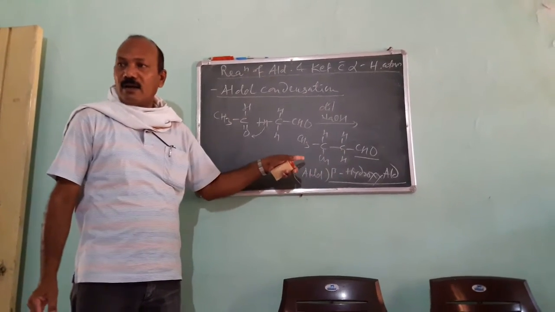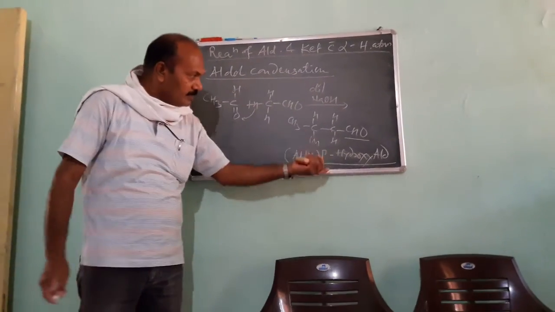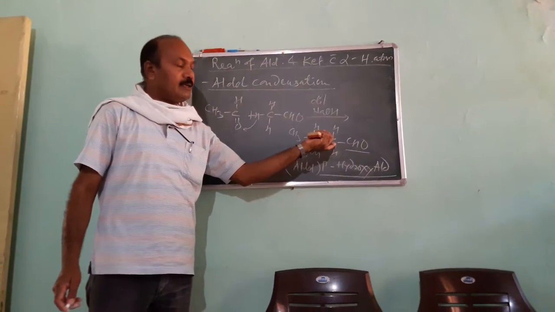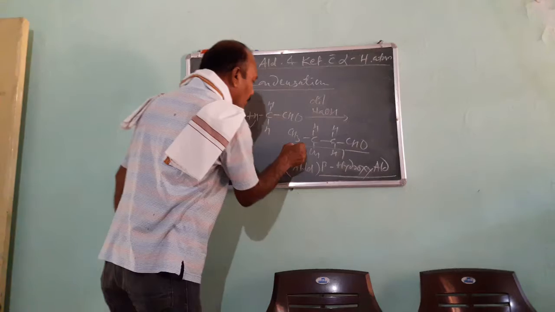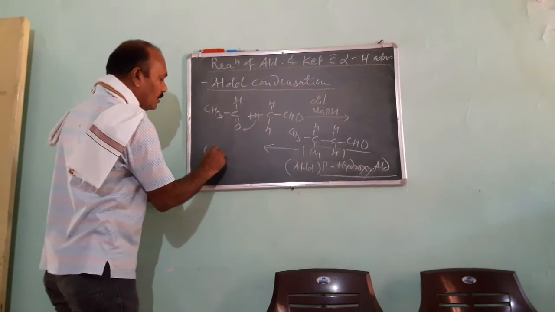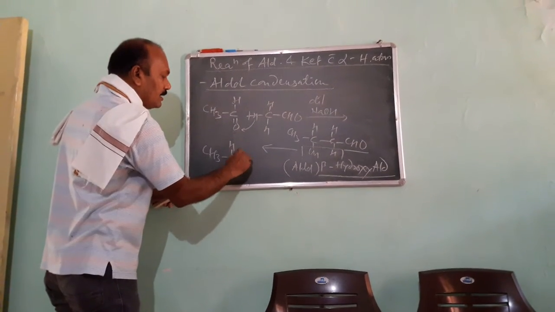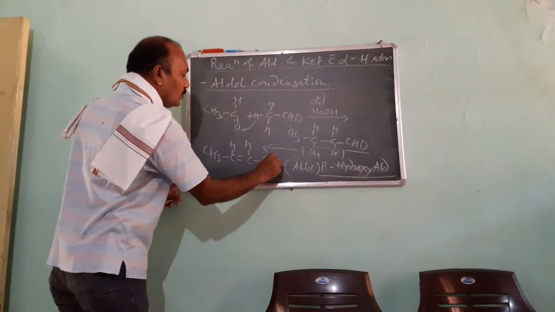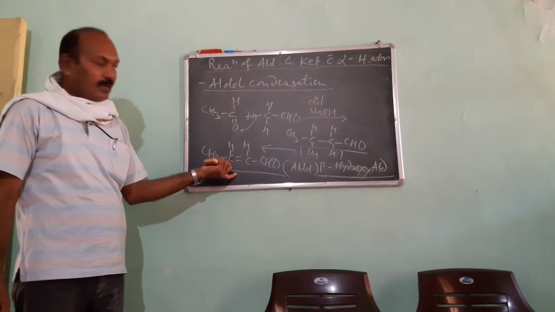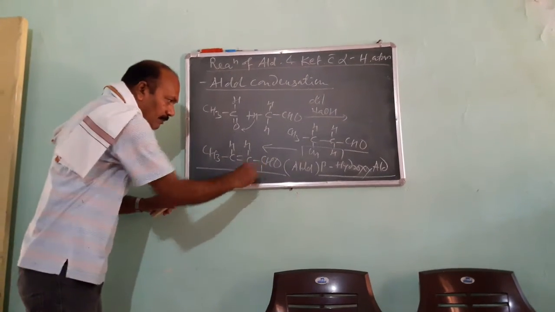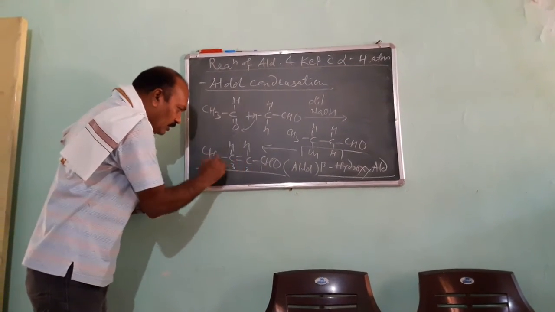known as aldol condensation. As these two adjacent carbon atoms having OH and H eliminate the water molecule, finally there is formation of CH3, CH double bond CH, CHO. This is called crotonaldehyde in common name, with carbon atoms numbered 1, 2, 3 and 4.